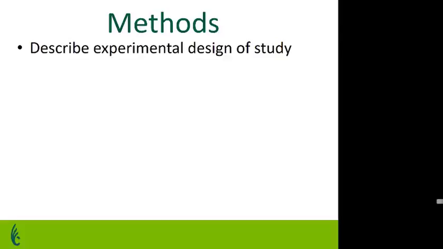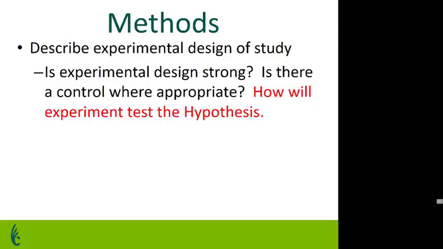What is it that you're observing, and why are those observations going to lead to being able to draw a conclusion? Is the experimental design strong? Are there appropriate controls? How will the experiment test the hypothesis is something that you must convey to the audience.